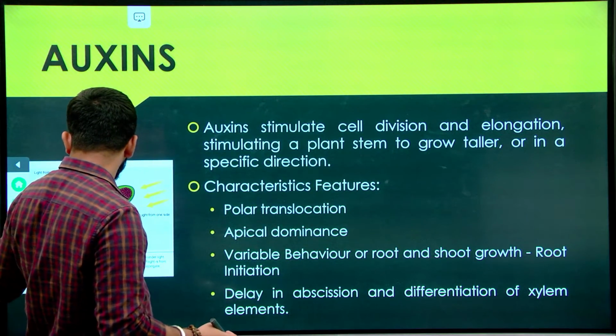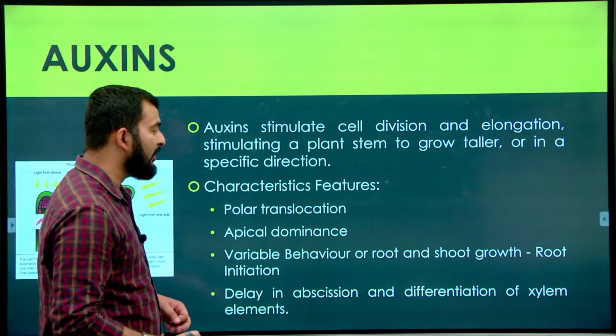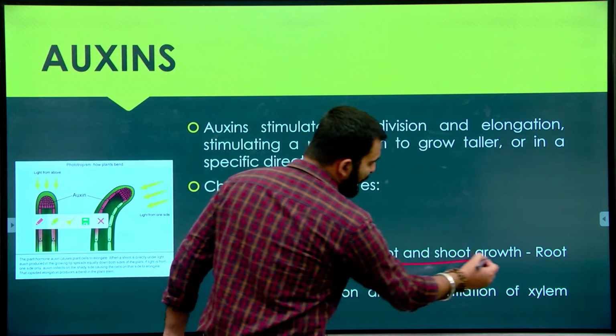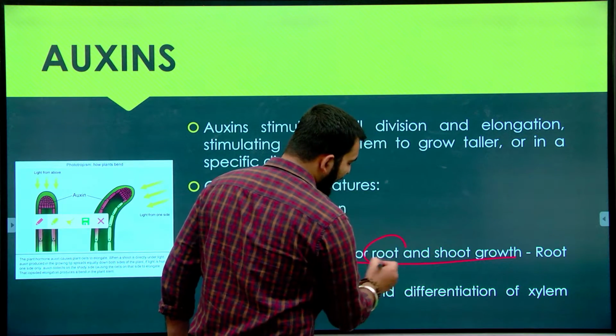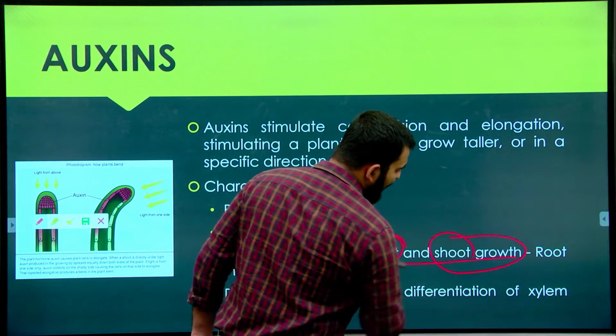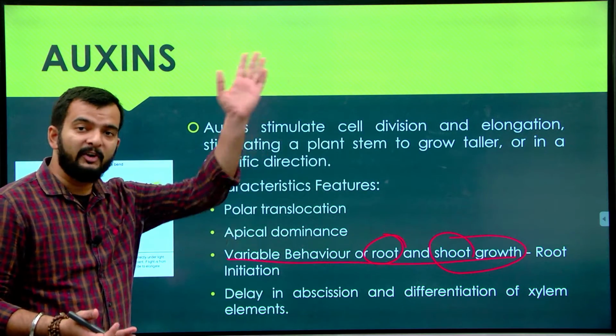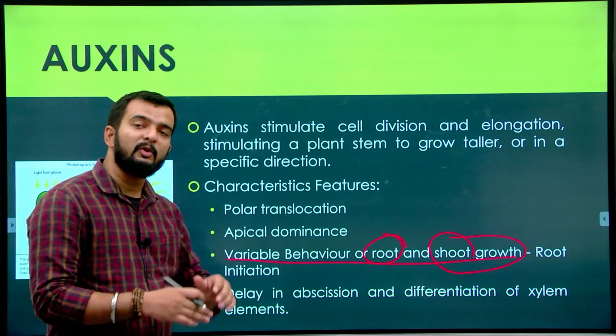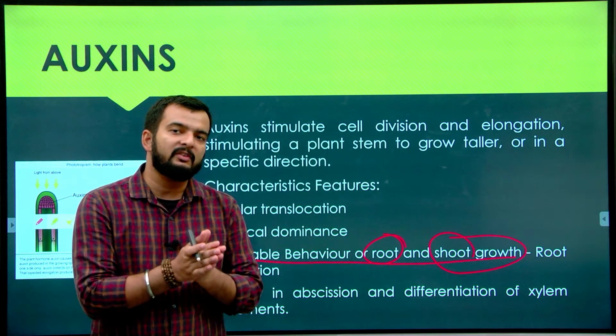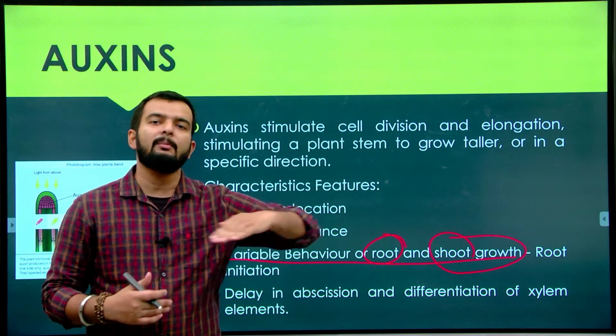Then again, variable behavior of root and shoot growth. Auxin has a different effect on root and shoot growth: the shoot will grow upward while the root will grow downward. Suppose after application of auxin you place your plant horizontal.